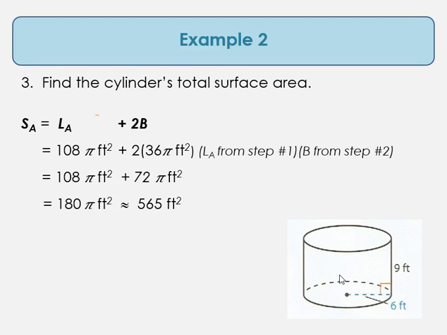So our lateral surface area was 108 pi feet squared. Our base was 36 pi feet squared. And we need to solve for 2 bases. So 2 times 36 is 72. We add the 108 and 72, and it's 180 pi feet squared, which would be approximately 565 feet squared.